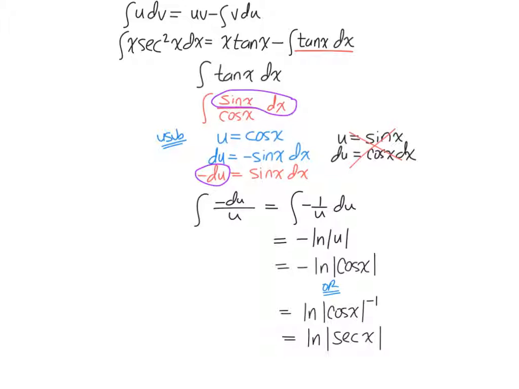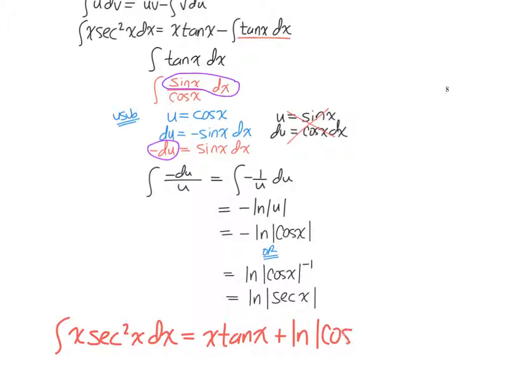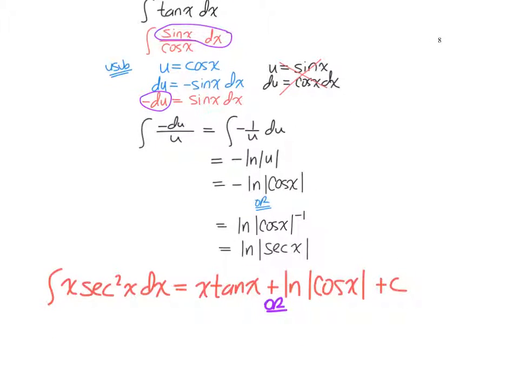So anyway, final answer: the integral of x secant squared x dx is equal to x tan x plus ln of cosine x plus c, or I could say minus ln of secant x.